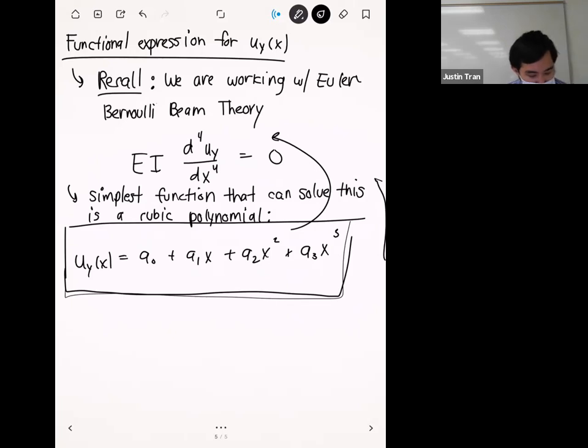Okay. All right. And so now the goal is, how are we going to solve for each of these constants, right? Because we have A0, A1, A2, A3.